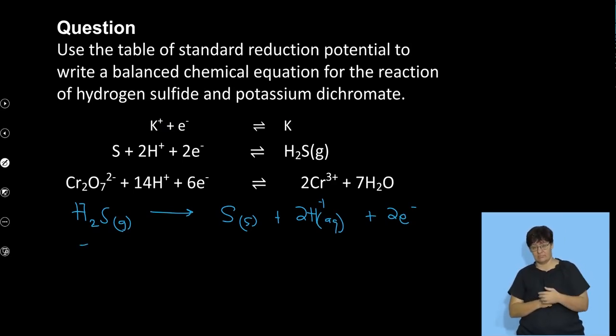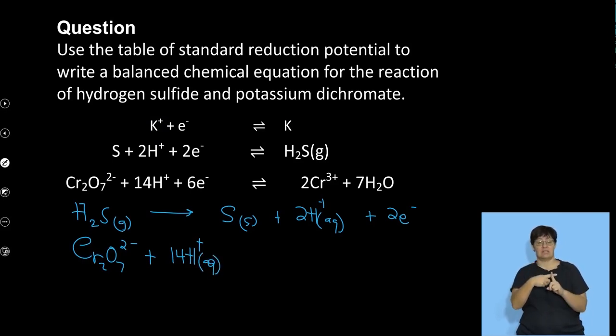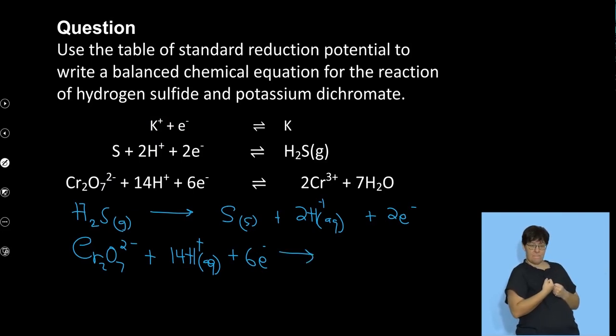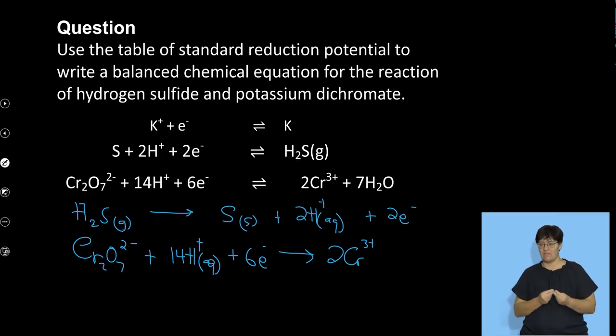The dichromate one will be Cr2O7 2-, plus 14H+. So this 14H+ tells us that this half reaction of reduction occurs in an acidic medium, plus 6 electrons. So the 6 electrons are actually gained, which gives us the reduction half reaction to give 2Cr3+, which goes into solution, plus 7 water molecules.